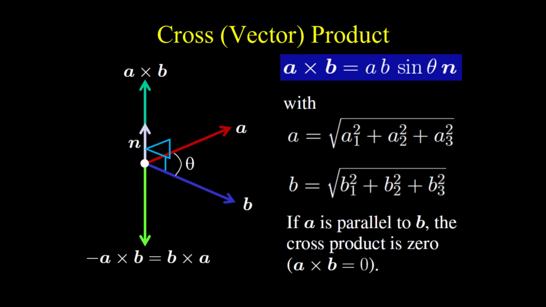The magnitude of the cross product of A and B is the magnitude of A times the magnitude of B times the sine of the angle between the two vectors. If A is parallel to B, the cross product is 0.